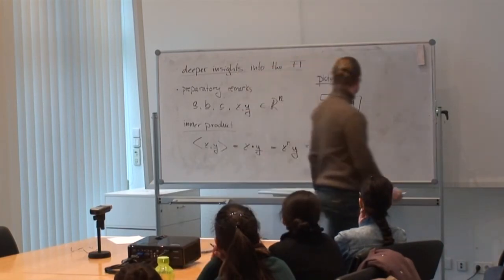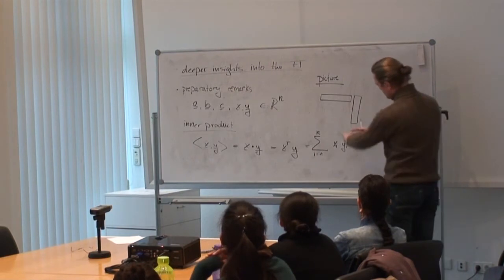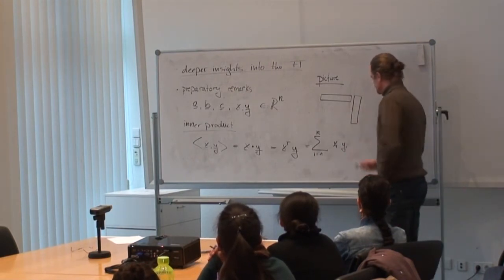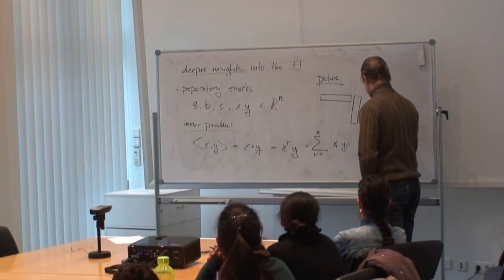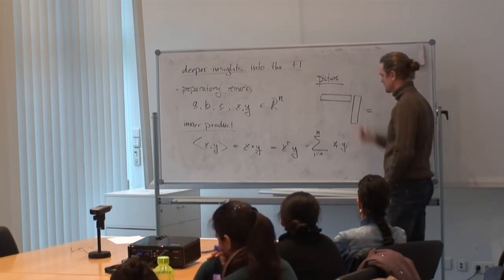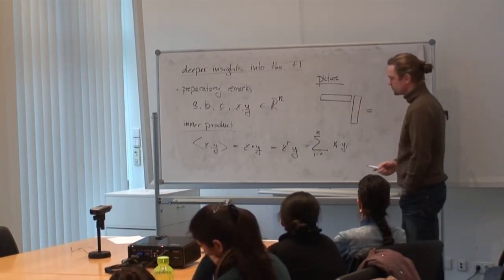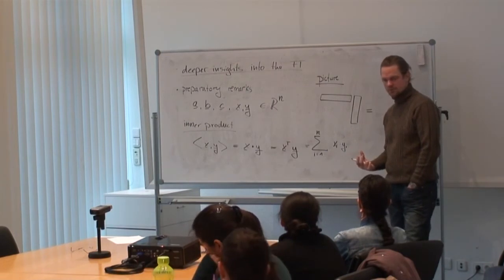Right? And of course, looking at this expression here, we know that this operation between two vectors, where one of them has been transposed, produces just a number.